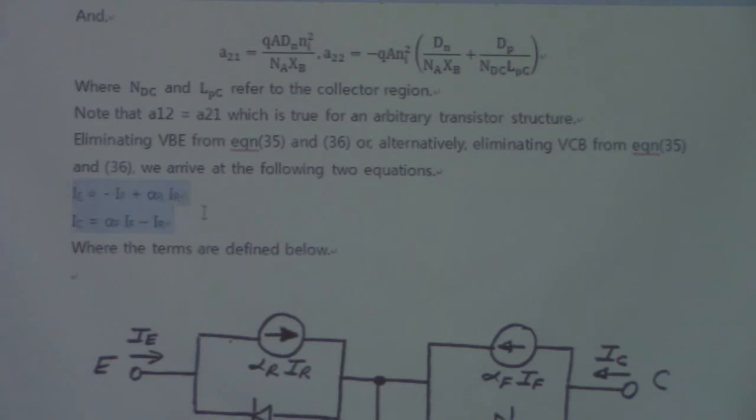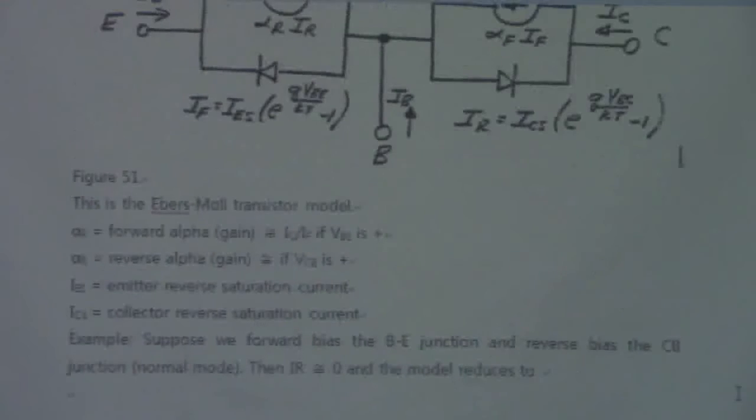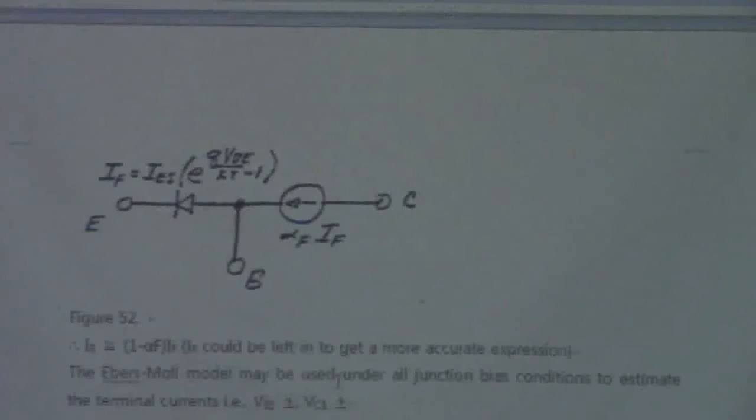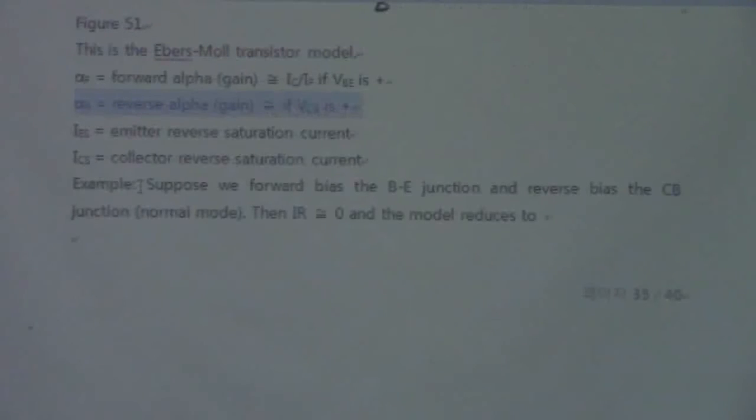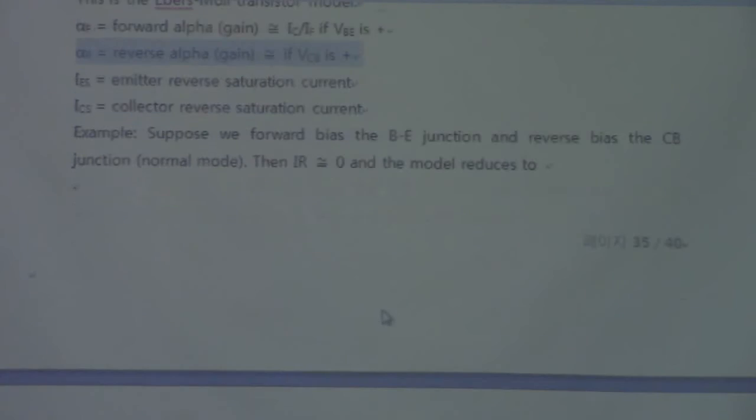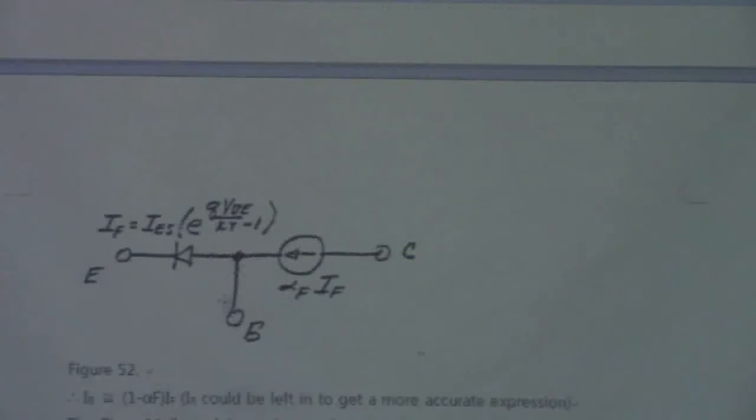This is the total equation, with the alpha and the reverse alpha. For example, suppose we forward bias the emitter base junction and reverse bias the collector base junction, that is the normal mode, and then we just neglect the IR values.